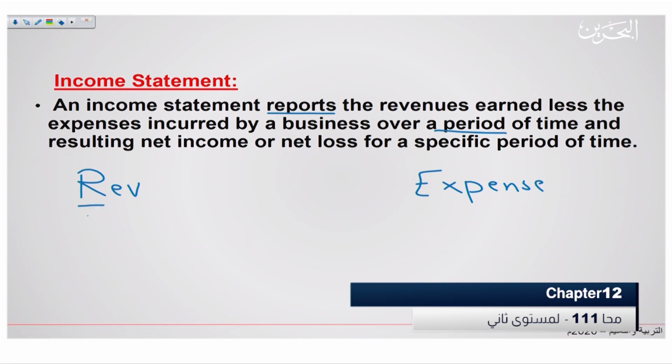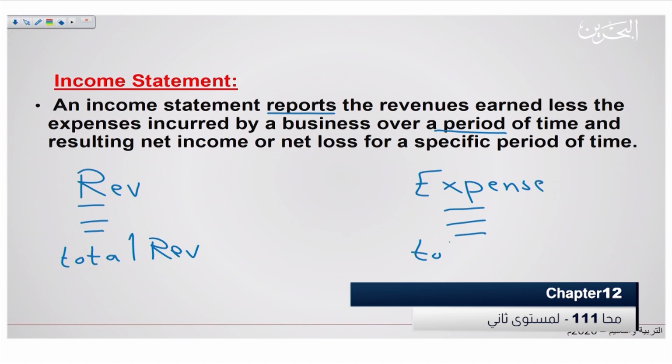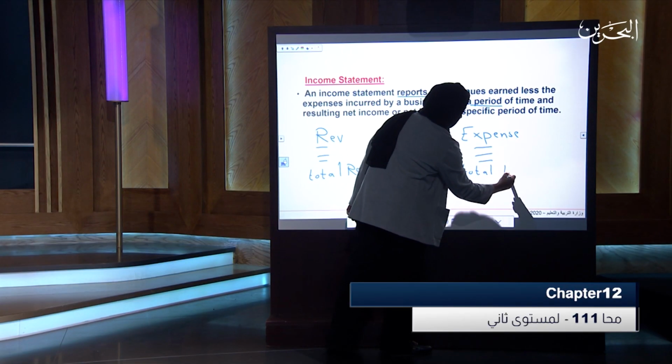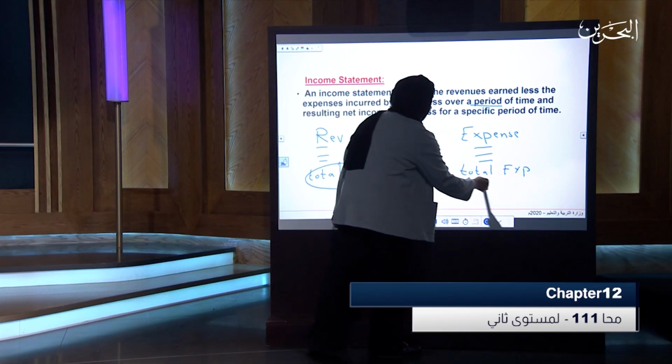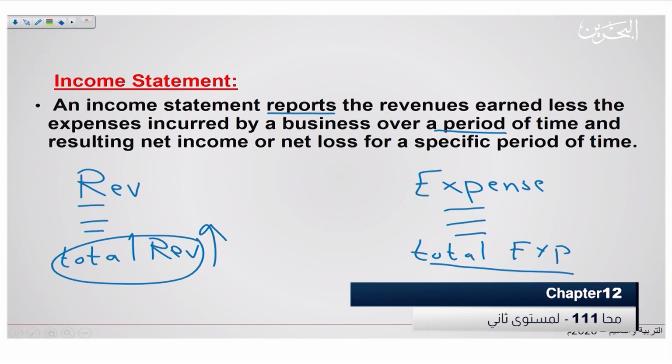Then we are going to list them and calculate the total revenue and less the expenses and calculate the total expense. Okay? Then we are going to compare if the revenue is higher than the expense, then the company makes profit, which is net income.